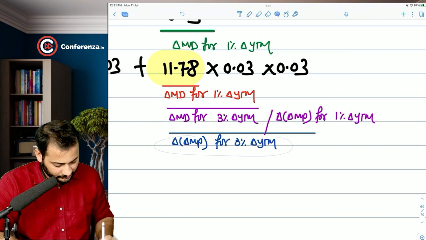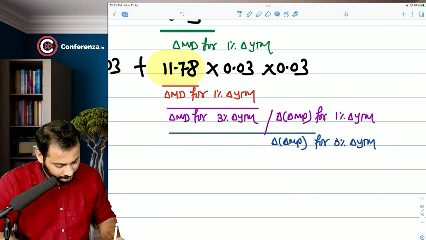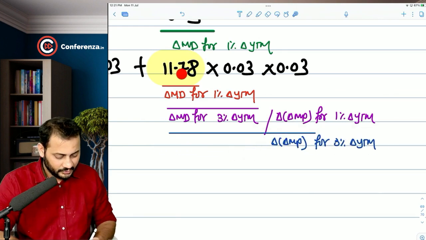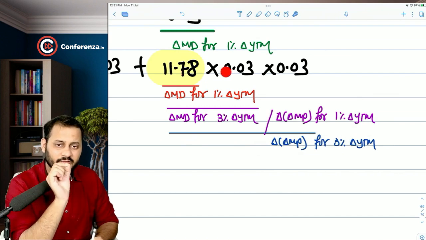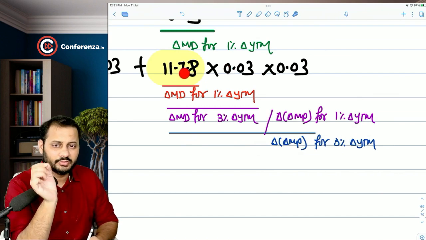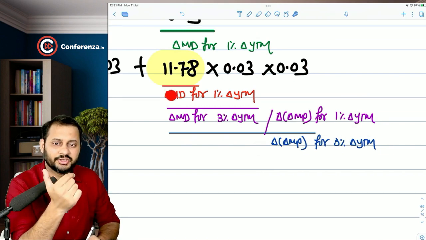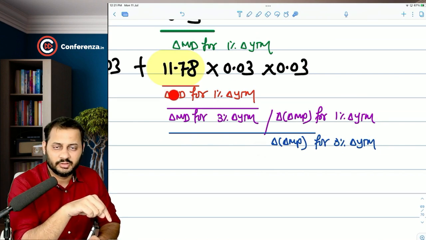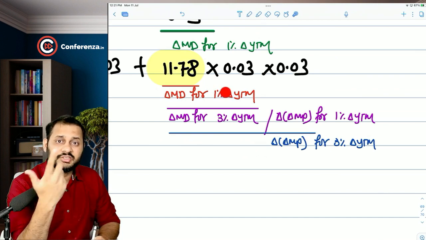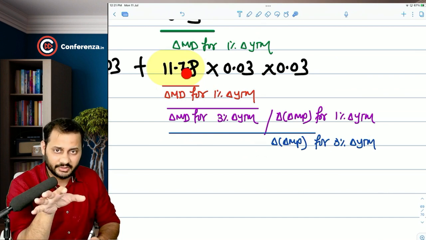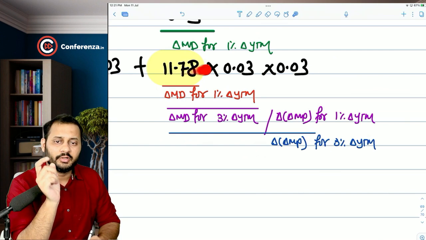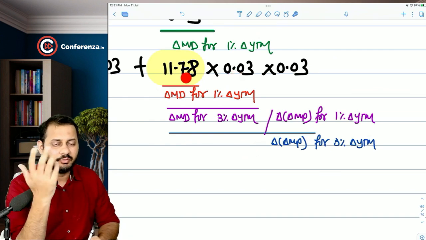Let me write it on this side. So basically there are three steps: 11.78, and 11.78 into 0.03, and 11.78 into 0.03 into 0.03. This figure is called as change in the modified duration for 1% change in the YTM, and this is not in percentage right now. Okay, so once you multiply it with this, it will become in percentage.